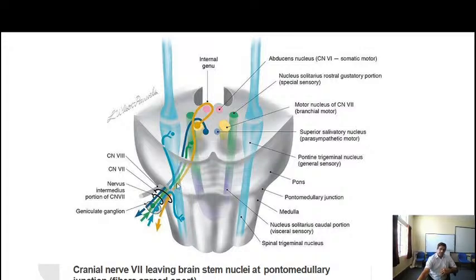All of them together travel in the internal acoustic meatus. From there they come out, and let us try to follow how they proceed further.